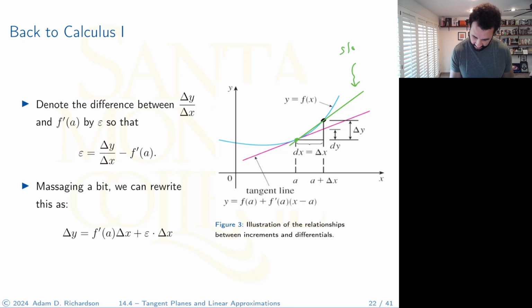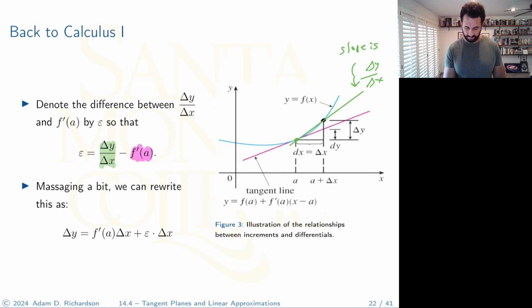The slope of this line, rise over run, is delta y over delta x. Now the slope of the tangent line is the derivative at that point a, so the slope of the tangent line is f prime of a. And so what epsilon is doing is giving us the difference between those two slopes. That's what epsilon is defined as.